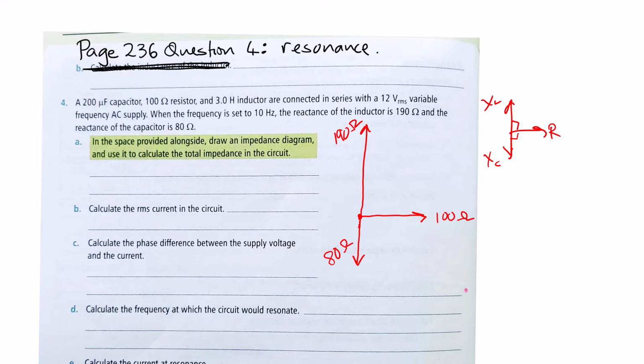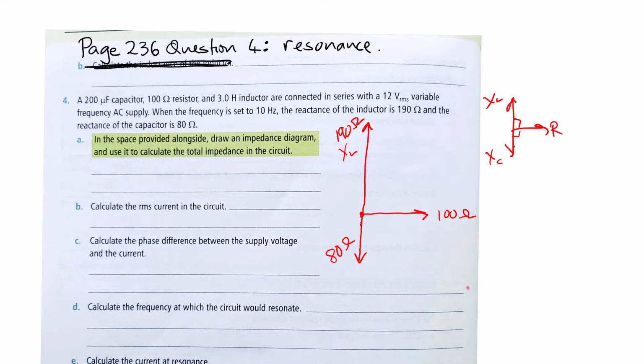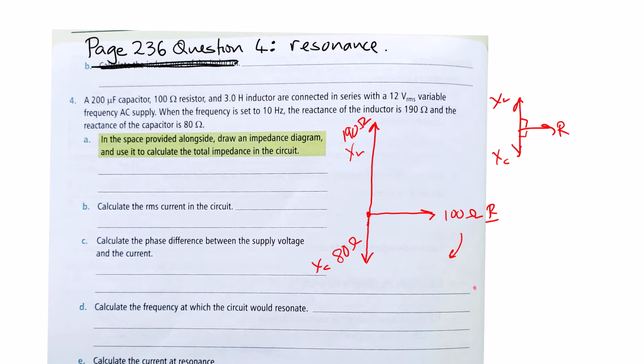So remember, the inductive reactance leads the resistance by 90 degrees, the phase difference, and the phase difference between the resistance and the capacitive reactance is a further 90 degrees. So all we need to do to find the total impedance is solve this.